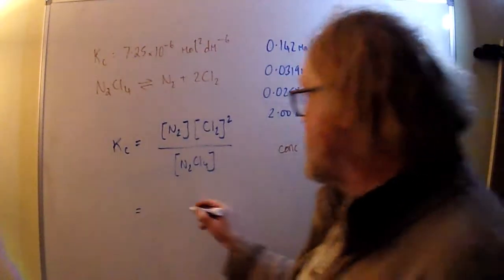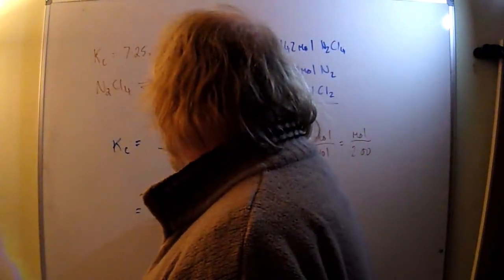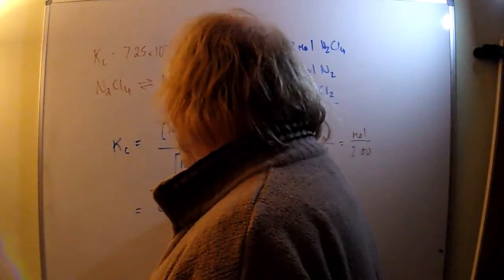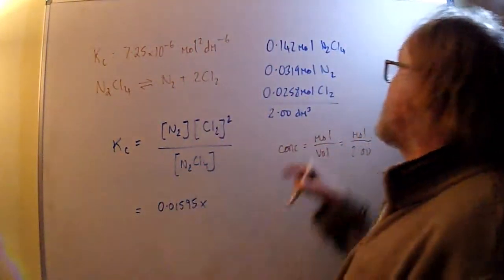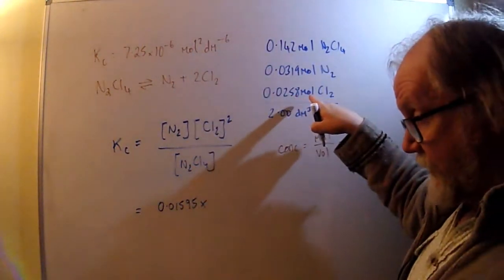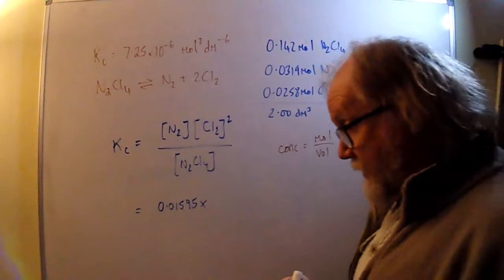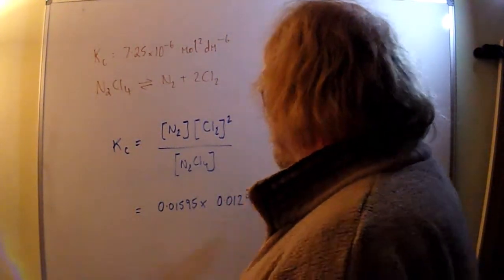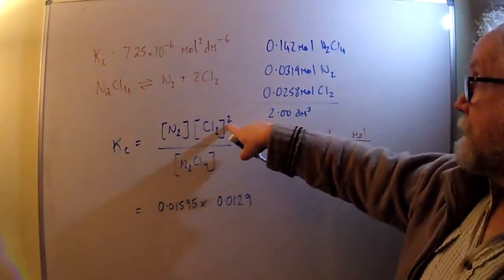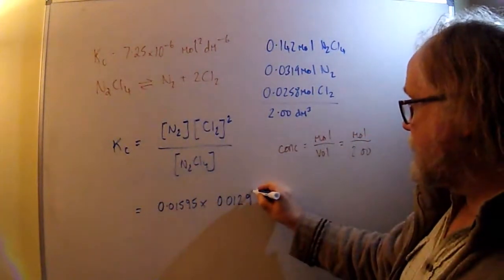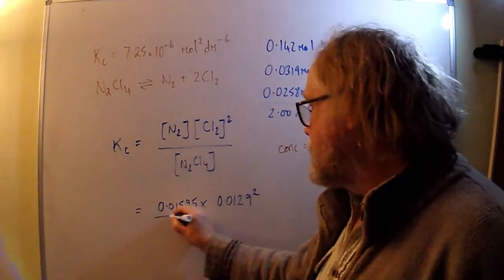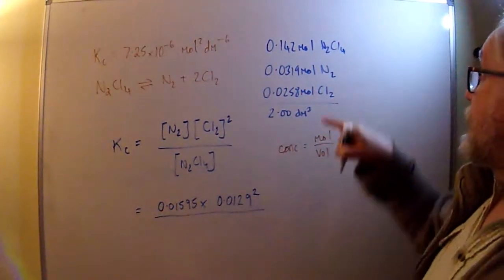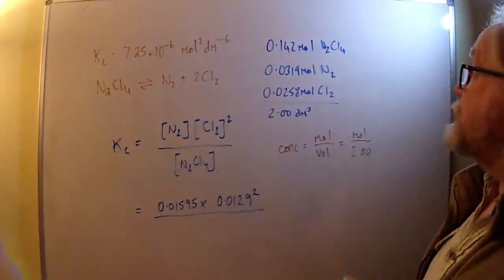So if we do that, N2 is 0.0319. If we divide that by 2, we get 0.01595 for the nitrogen. Chlorine is 0.0258. If we divide that by 2, you get 0.0129. And we've got to remember to square that, because it's chlorine concentration squared, divided by N2Cl4 is 0.142 moles.